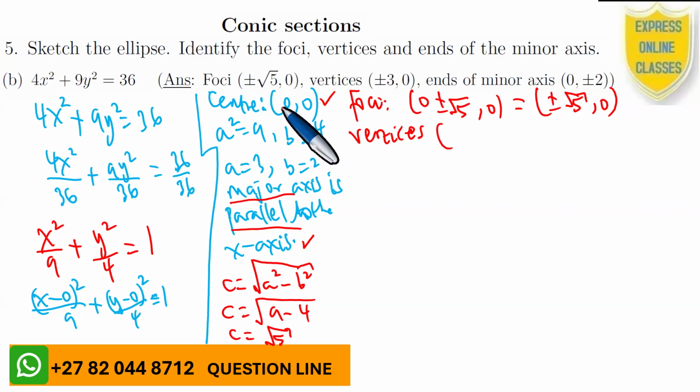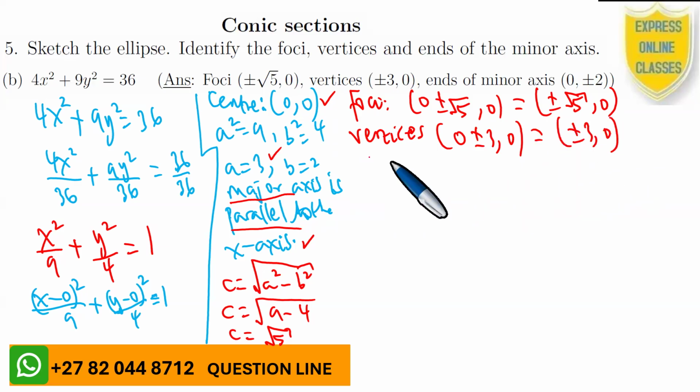So you take the center, 0, 0, and only affect the x coordinate with the biggest one. The biggest one is 3. So you get plus or minus 3, 0.